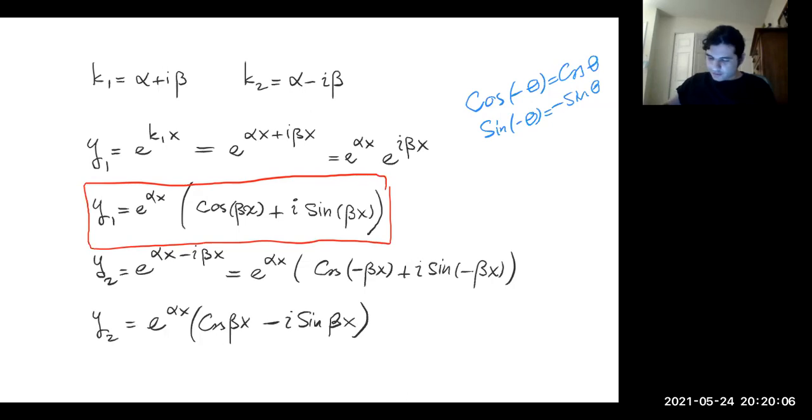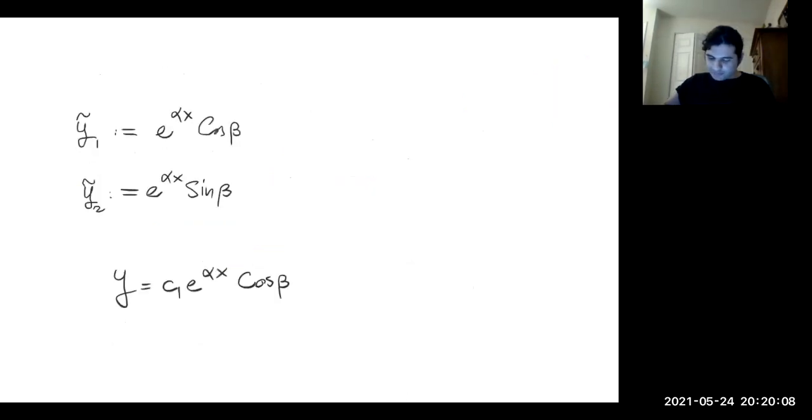Great. I'm not making a mistake. That's great. We do have x here. Plus C2 e to the alpha x sine of beta x. So this is the general form of the solution to the equation.